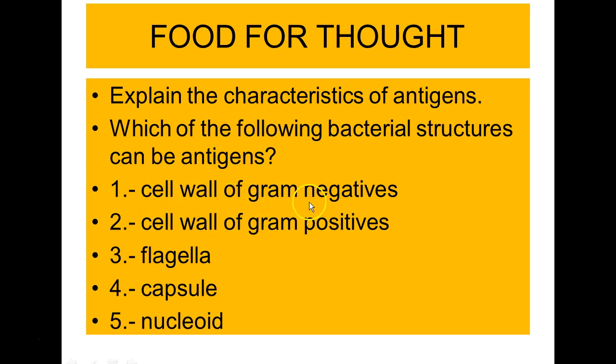So cell walls of gram-negatives, cell walls of gram-positives, flagella, capsules: if these structures have proteins or complex polysaccharides, they will be antigenic. The nucleus of a bacterial cell: again, if there are proteins or complex polysaccharides, that area will be antigenic. The nucleus will be the area where nucleic acids are found.